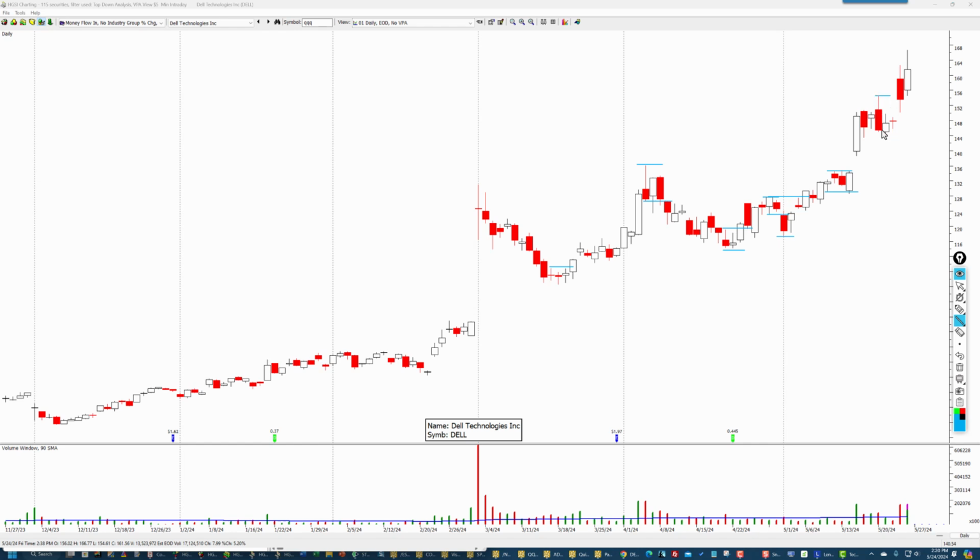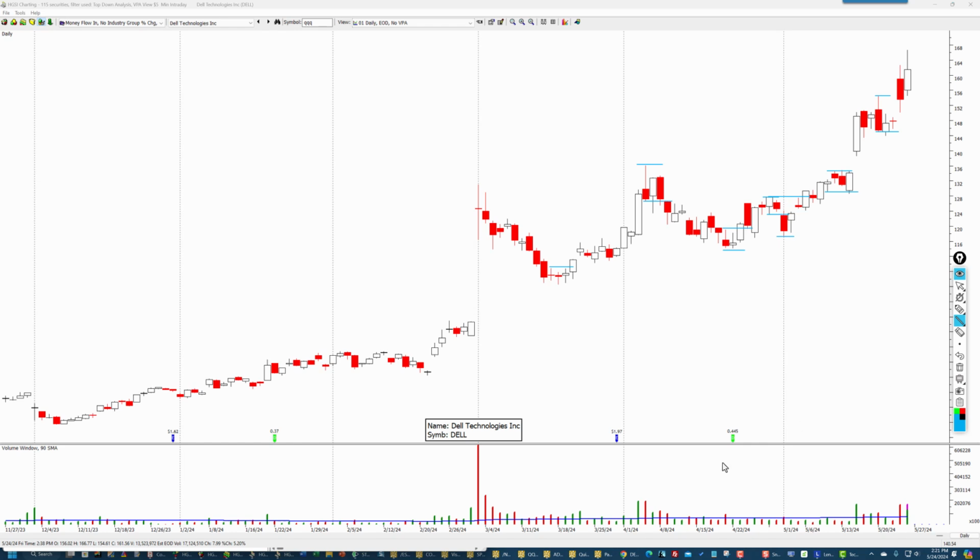This is a pivot. Now this low was taken out intraday, but it closed up, so the structure is positive that day, and it just continues to go higher.